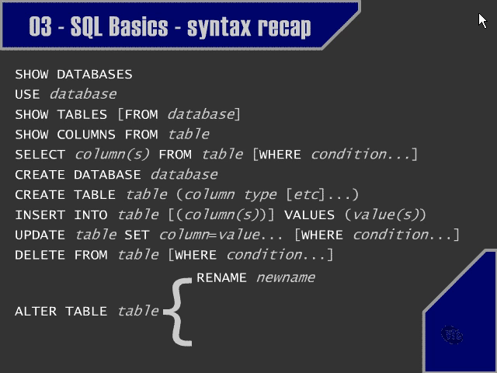We can rename a table by simply using the rename keyword and then the new name that we wish to give the table. We can add new columns to a table.